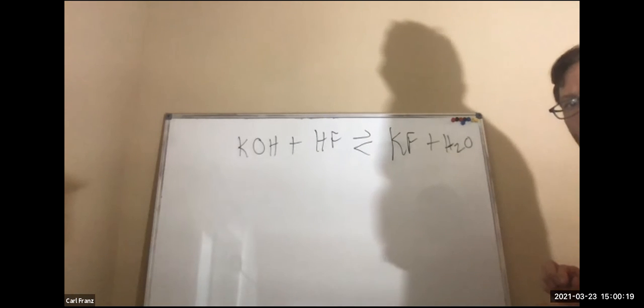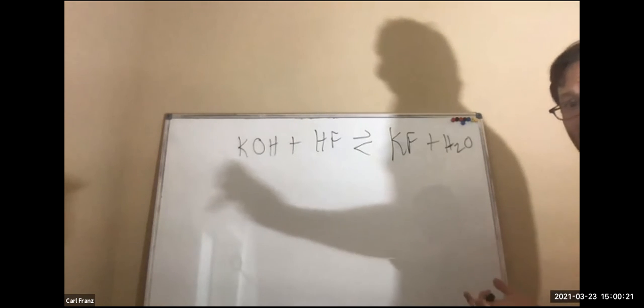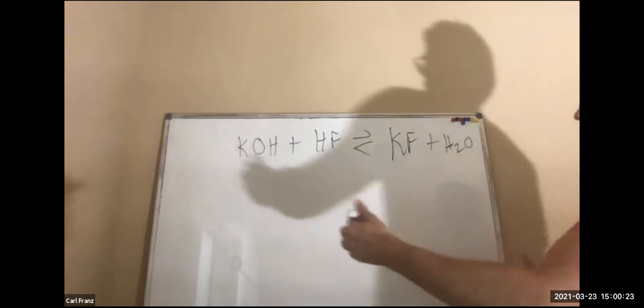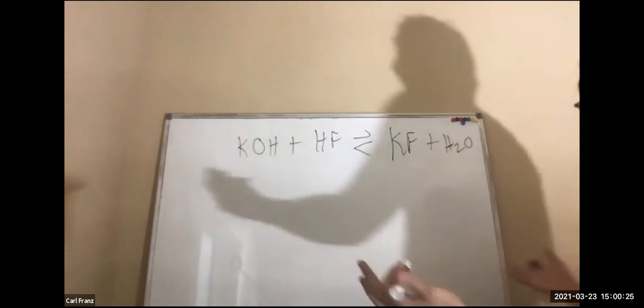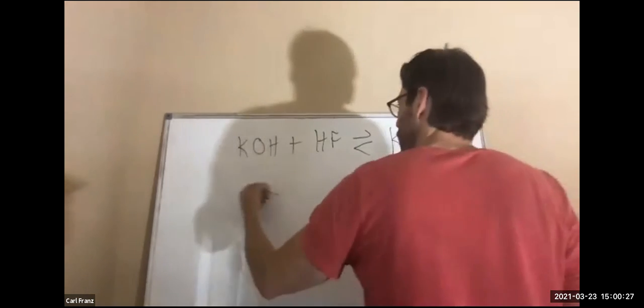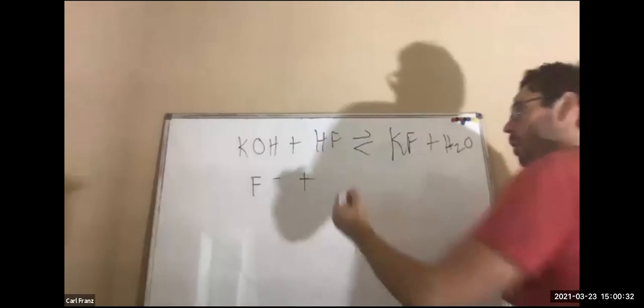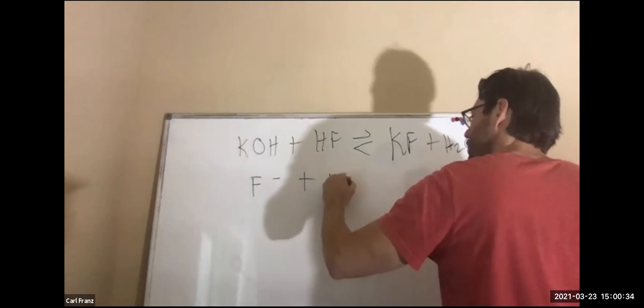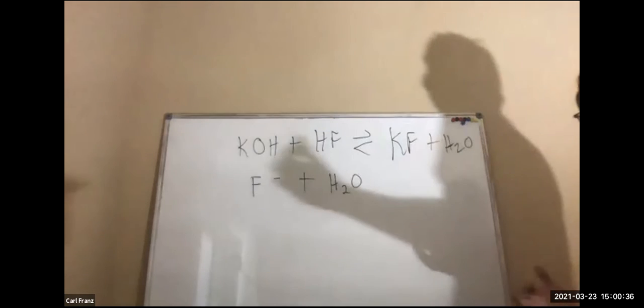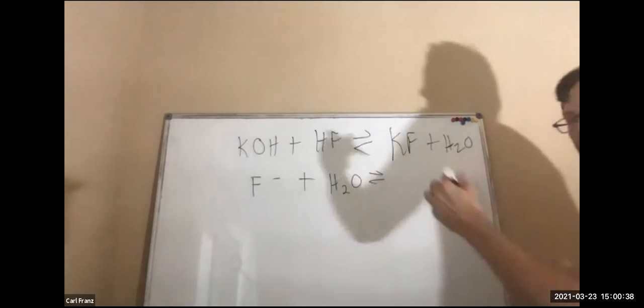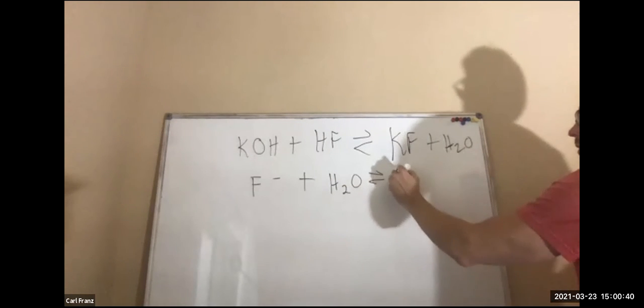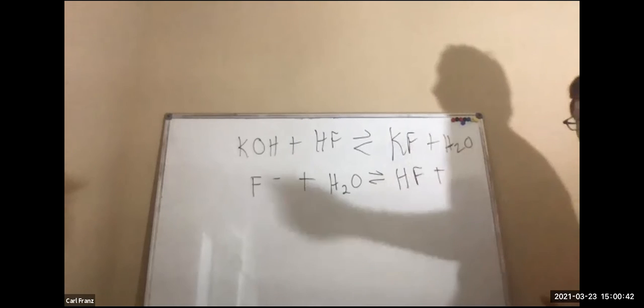Now, if we write that out, just for our ice table, we can say that we essentially have our F⁻ plus our water, and then we get our HF and our base.